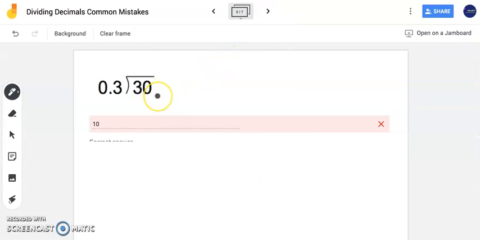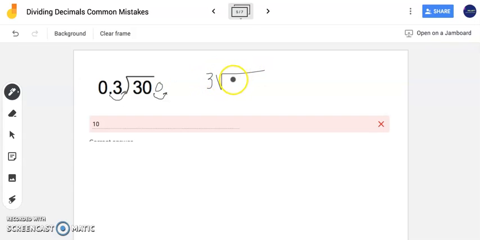Now for this one, many of you wrote 10. You're close, but you forgot one step. So many of you most likely, hopefully recognize there's a decimal point in my divisor. So I'm going to multiply by 10 right here, leaving me with 3. Now, if you did 30 divided by 3 and you're like, I got rid of the decimal point in my divisor, I'm done, you're not close, okay? You have one more step you need to do. You also need to now multiply by 10 in your dividend, leaving you with 300.